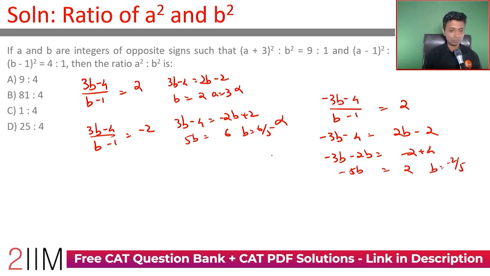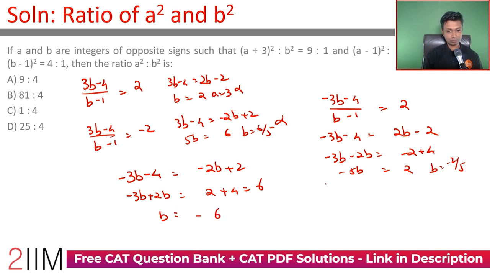That doesn't work. The last variant, hopefully this will work. Minus 3b minus 4 is minus 2b plus 2. But take this as minus 2. Or minus 3b plus 2b is 2 plus 4, which is 6. b is minus 6.